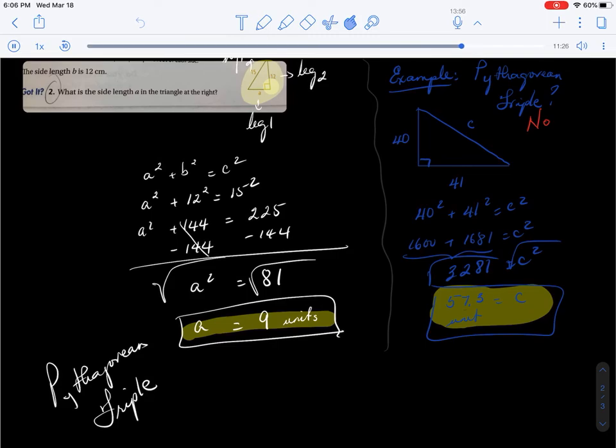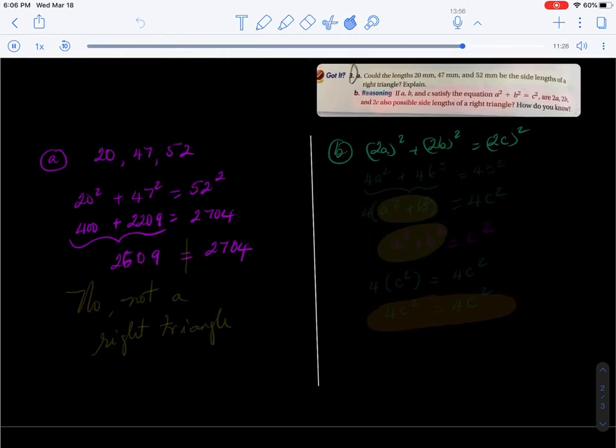Okay, let's look at the first question. The first question said, could this information be a right triangle, and explain. According to what I got, I squared the 20, I squared the 47, and I squared the 42.